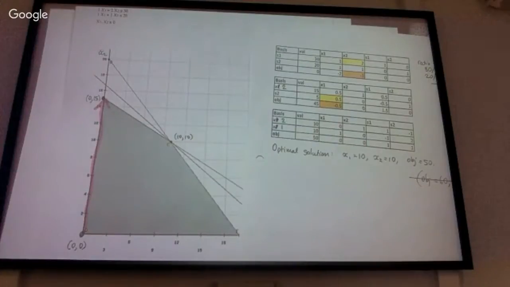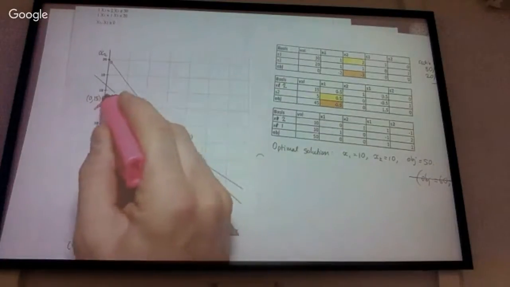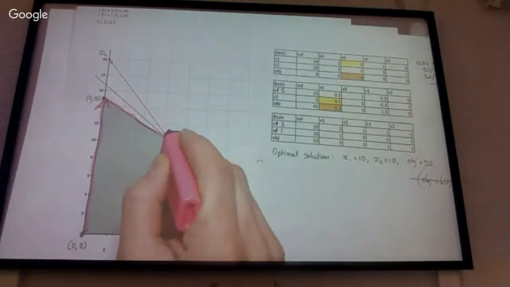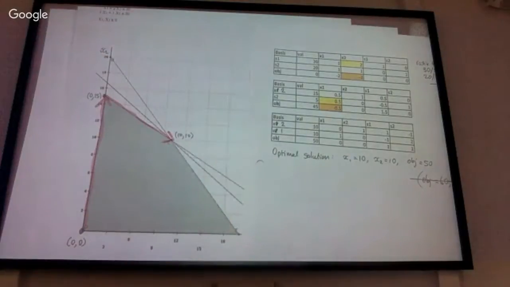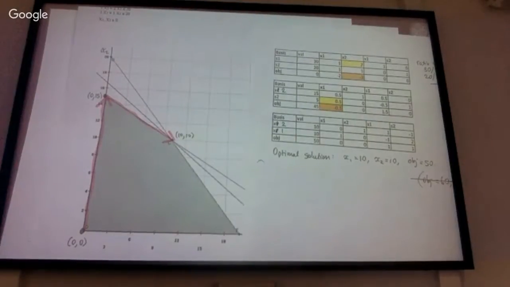Nobody knows what it looks like, but you can still imagine it as a 3-dimensional thing. So you go from one corner to another, and in the second step you go to this point, which is the optimal solution. That's about it. Any questions?